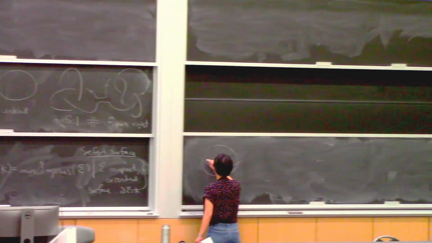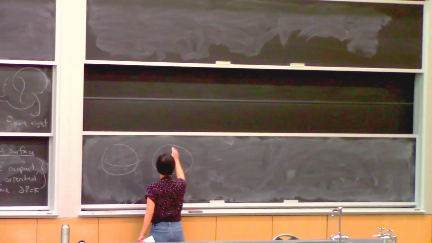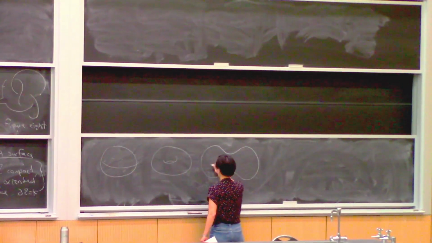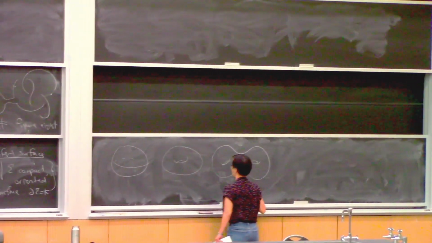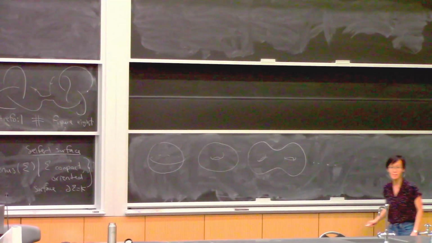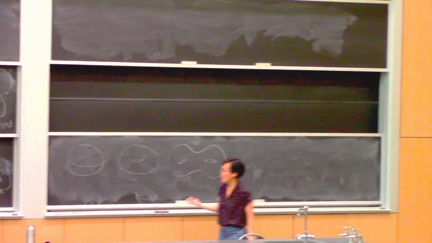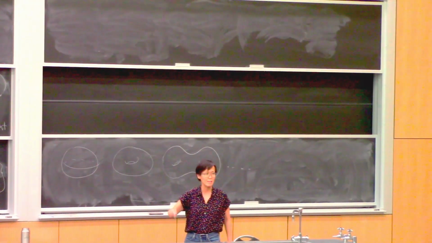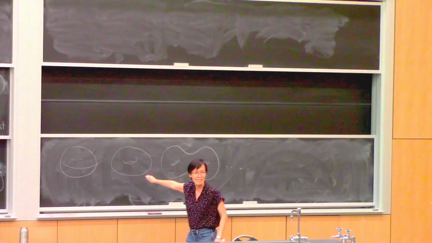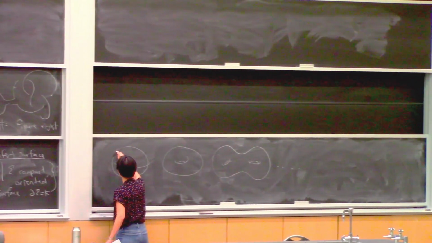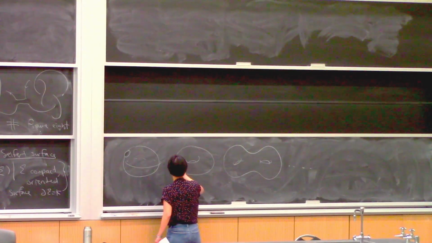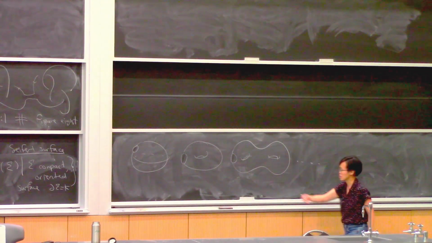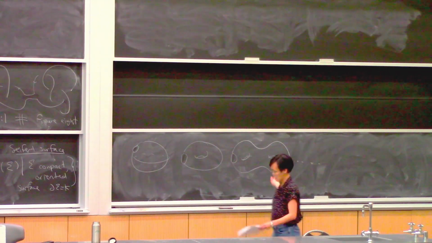So you have a sphere, you have the surface of a donut, you have the surface of a fancy donut, etc. And if you want to characterize compact oriented surfaces with a single boundary component, it's basically this, but you just remove a little disk from them. So this is genus 0, 1, and 2.